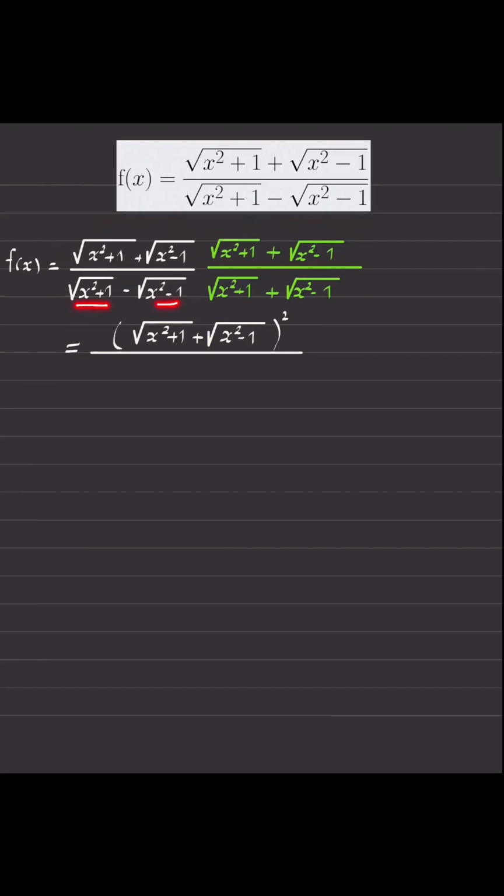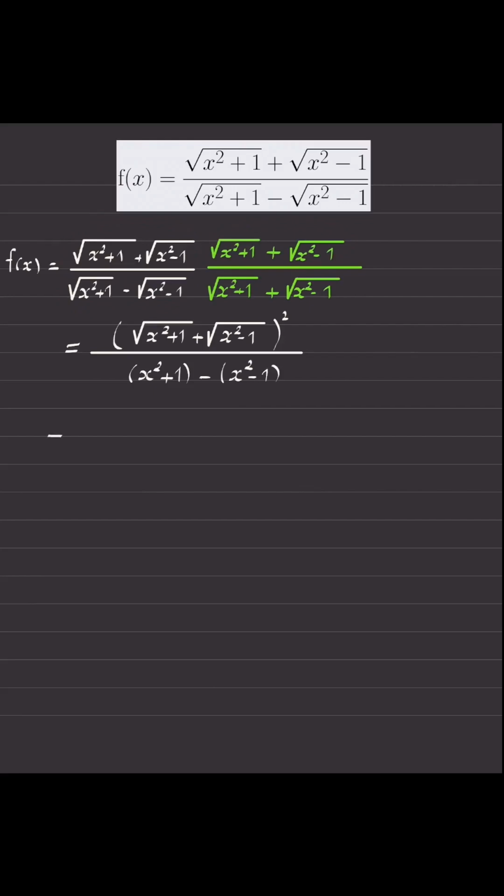This is a conjugate pattern, so it becomes the first one squared, which allows me to get rid of the square root sign, and it gives me x squared plus 1 simply, minus the second one squared, which for the same reason becomes simply x squared minus 1.